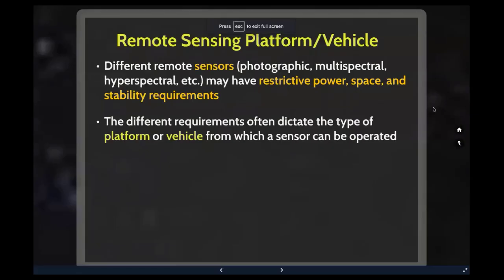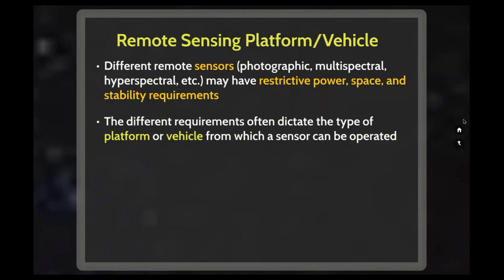Okay, so back here, in terms of a little bit more information on the sensing platform and the different possible options. Different sensors, whether they're hyperspectral, multispectral, or LiDAR, have very specific requirements on space, stability, and relative power, which determines the platform.